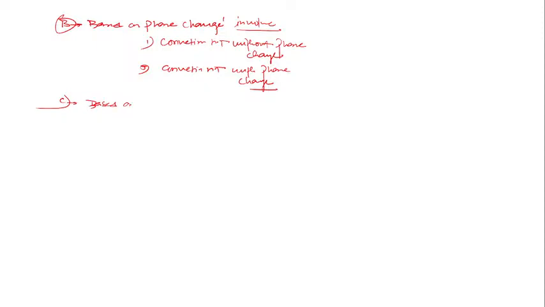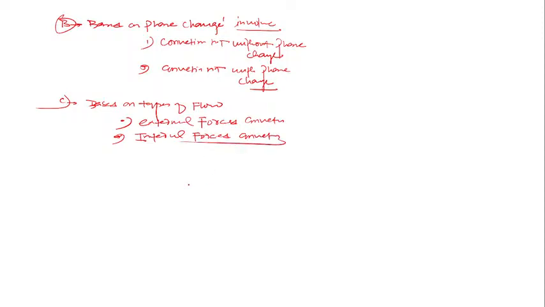Based on types of flow, there are two types: external forced convection and internal forced convection.